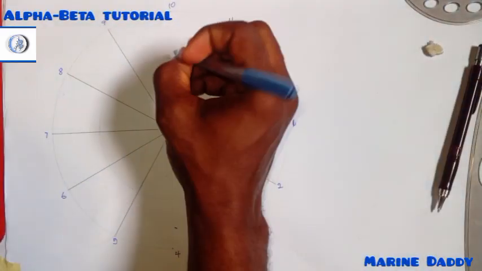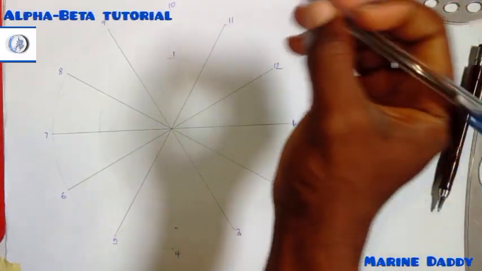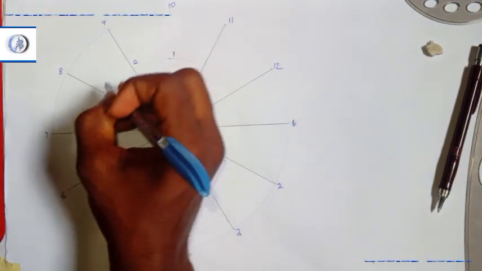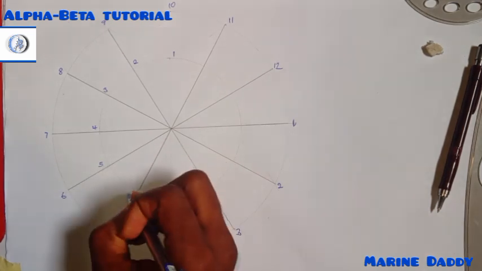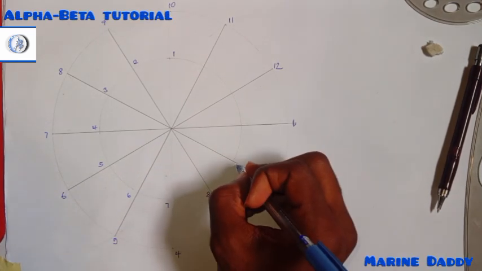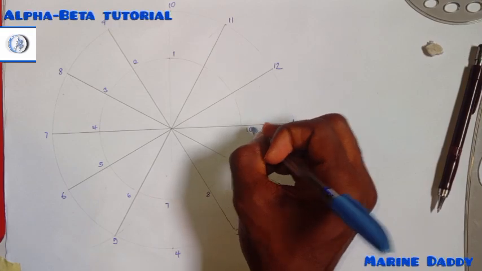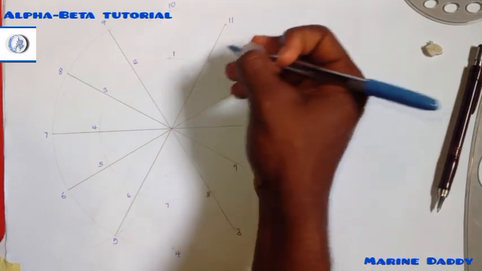This is 1, 2, 3, 4, 5, 6, 7, 8, 9, 10, 11, 12.